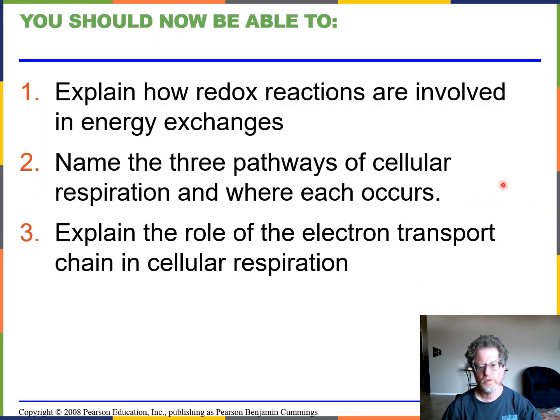All right, so here are some questions that you should have a sense of now. So take a minute, look over these questions, and we'll go through them together. So it's a transfer of electrons from one substance to another that is a redox reaction.